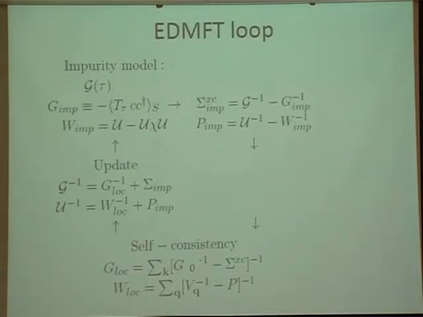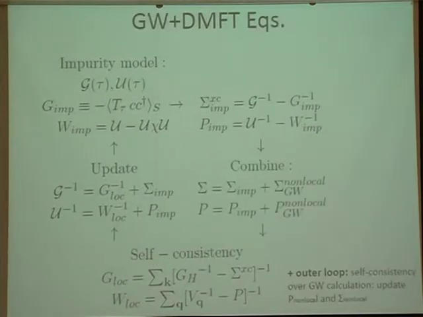But then I'm still missing this box here because this was just DMFT with the two particle quantities, and this box is precisely where GW comes in, namely where I supplement the local parts with the non-local parts stemming from GW. Okay, that's as far as we got yesterday.